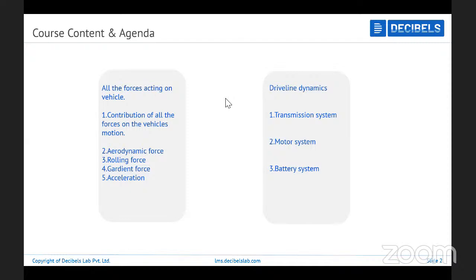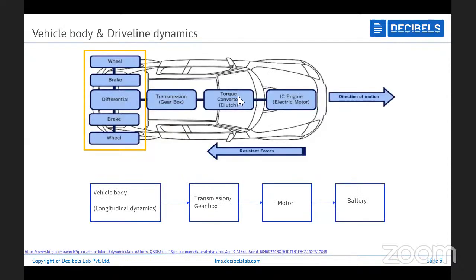It's nothing but your backward facing approach. As I mentioned, in the wheel to well analysis, this is your vehicle body, where we will only involve the longitudinal motion, that is the front and back motion of your vehicle.